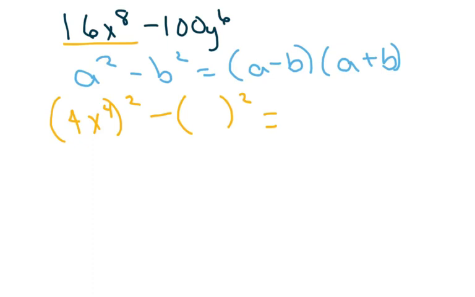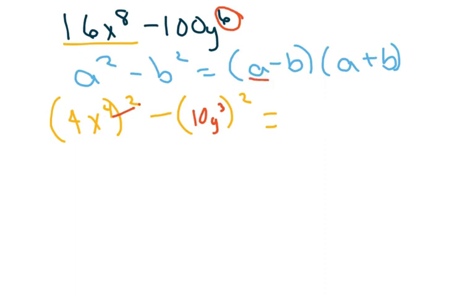If you multiply these two, that's going to be 8. And then 4 squared is 16. And in this one, I'll just do this in red, we get 10y to the third. Because 3 times 2 is 6, and that gives you the 6. And 10 squared, of course, is 100.